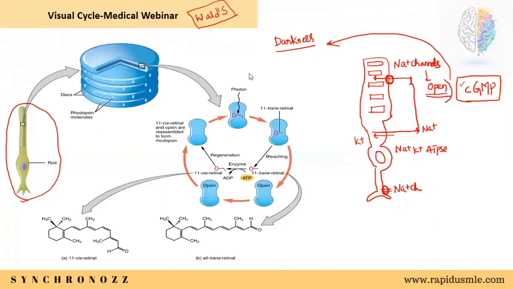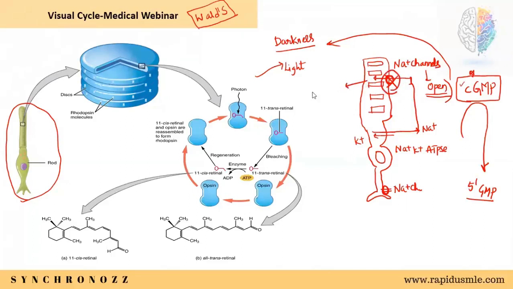But what happens when light strikes? When the person goes into the light, these sodium channels close. They close because when light strikes, cyclic GMP is converted into 5-GMP. As cyclic GMP is getting used up, there is no cyclic GMP available to keep these sodium channels open.